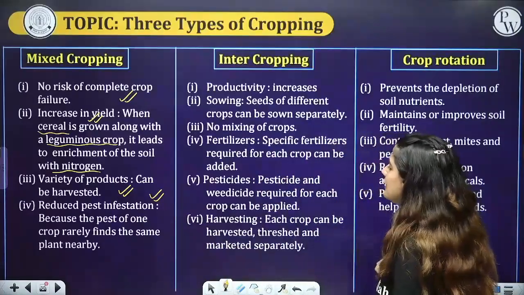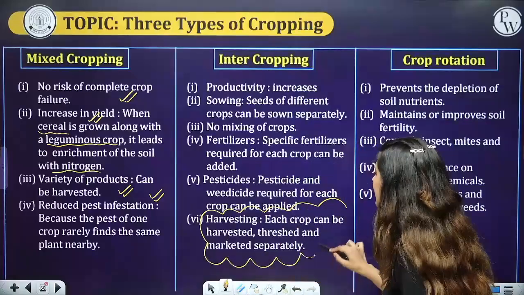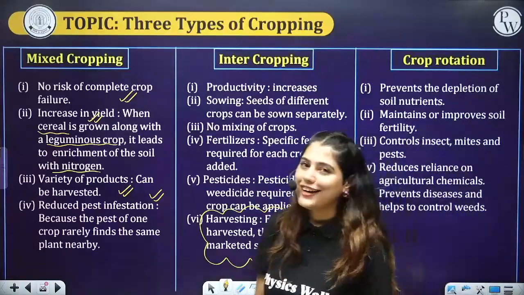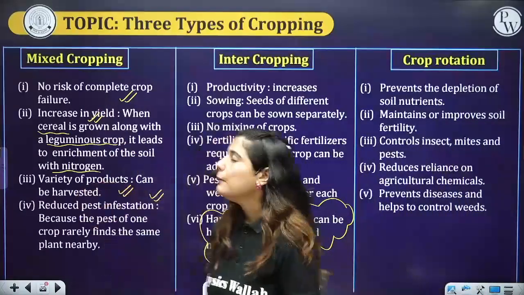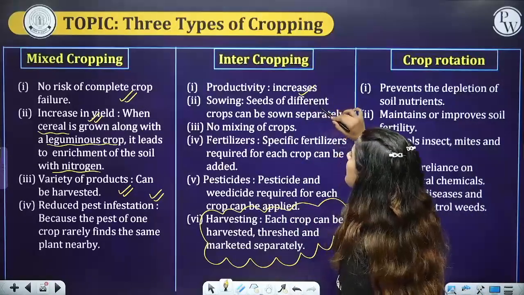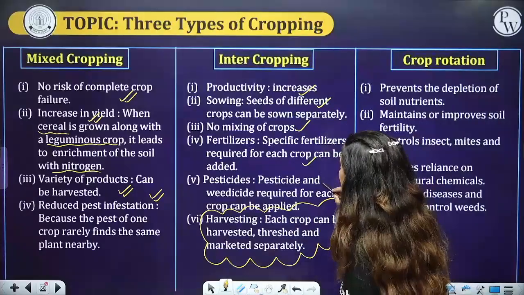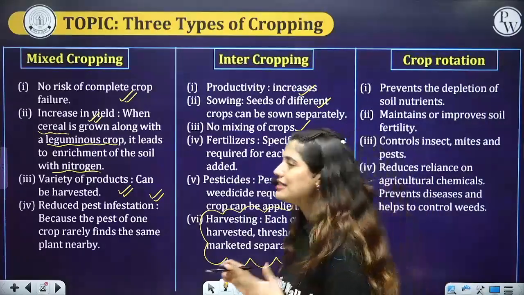And similarly, in intercropping, one benefit which can be seen here is that the harvesting can be done separately, right? This was not possible in mixed cropping. The rest are almost the same: productivity increases, the sowing is done separately, no mixing of the crop, and fertilizers are supplied less, and also pesticides.